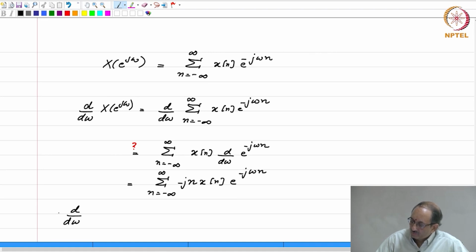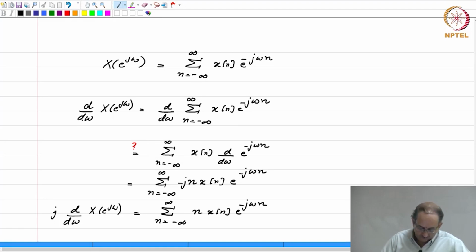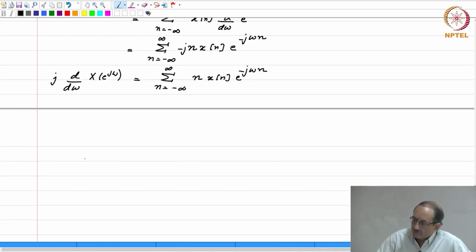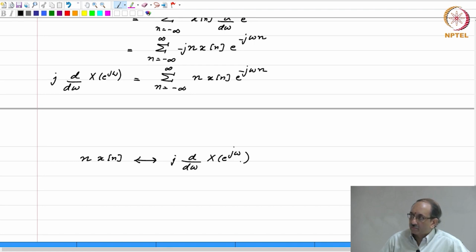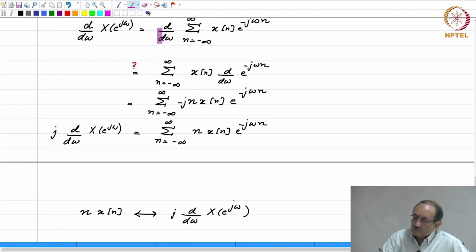If you take j to the other side, j times d by d omega of X of omega has this as the DTFT, and hence the corresponding DTFT property is this. The only wrinkle here is the interchanging of these two limiting operations, where for the DTFT we do not necessarily assume absolute summability.